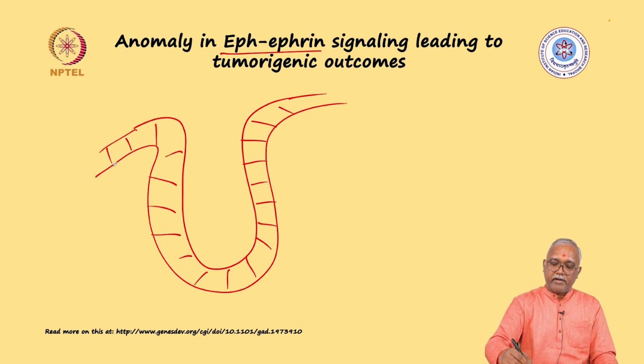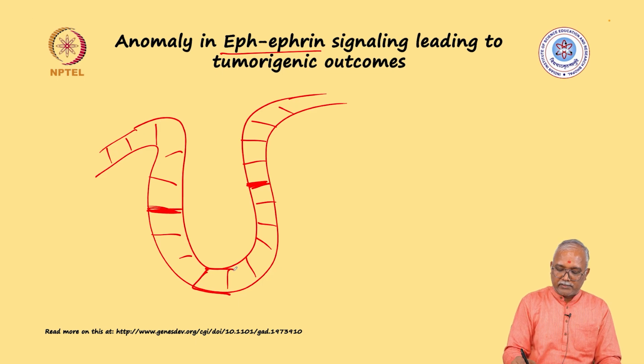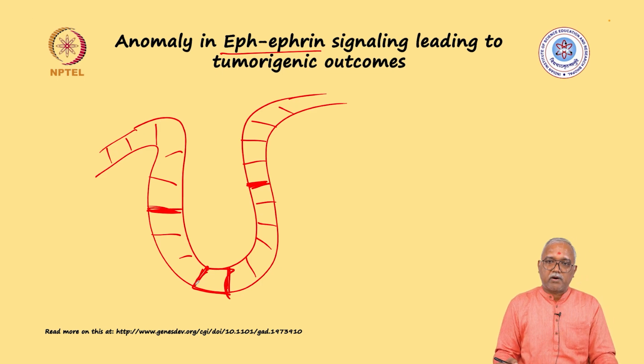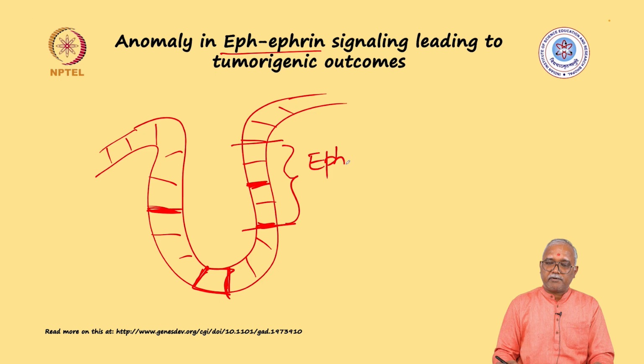There is a clear boundary; suppose one boundary is made here, then in between you have a unique cell which needs to respect its boundary. But for any reason there is a problem in the Eph expression. So consider that this domain is where Eph is expressed. If Eph is expressed here, it is defining the boundary.